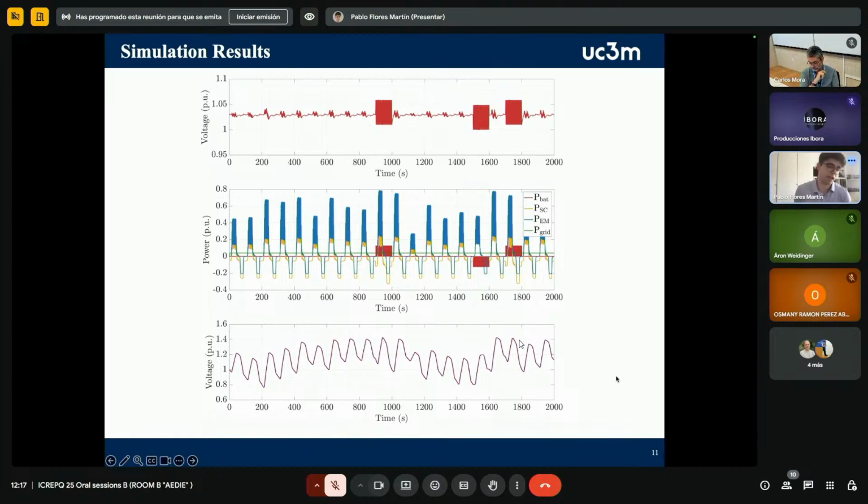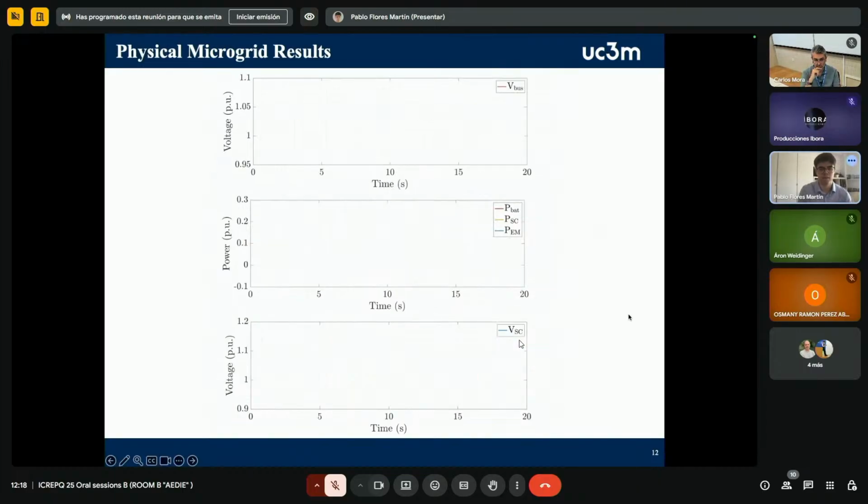This proposed energy management system has proven effective in simulation across multiple hour cycles. It maintains a stable power supply to the grid, the green line, while the supercapacitors absorb all power transients, and the DC battery ensures that both the supercapacitor voltage and the DC boost voltage stay within safe limits.